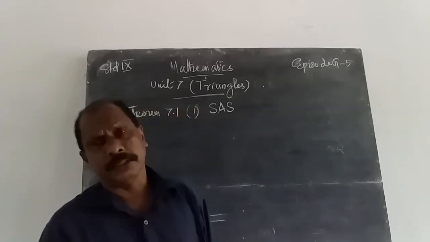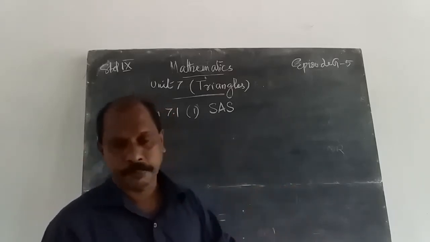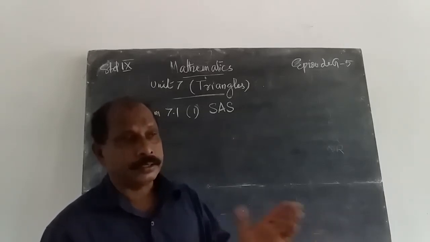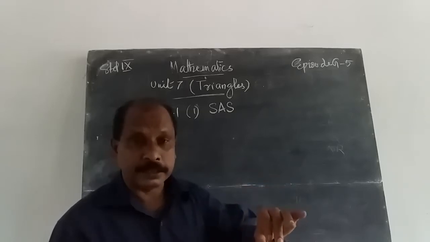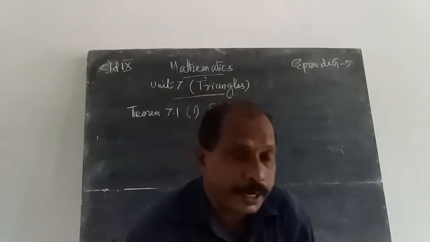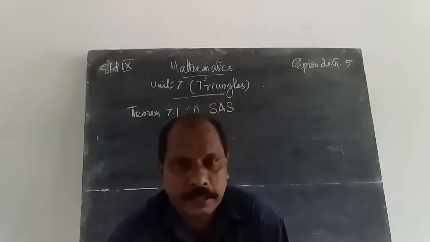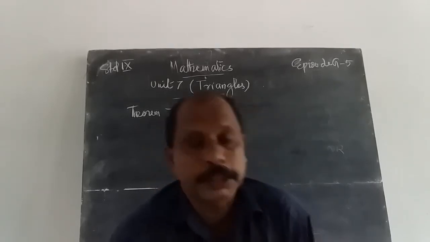What is the SAS? S is the notation for side. A is the notation for angle. SAS means two sides, with an angle between the two sides. Therefore, that is the included angle. Which implies two sides and the included angle. That is SAS, side, angle, side property of congruency.